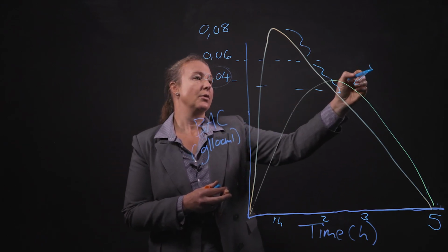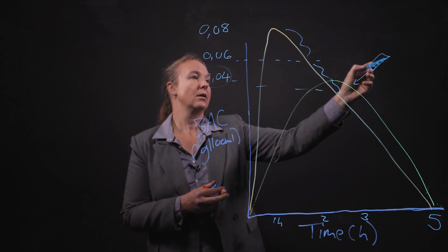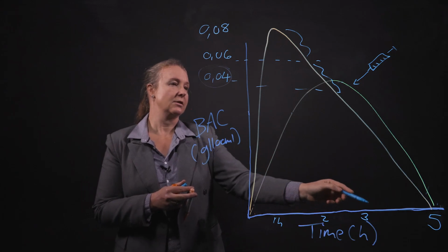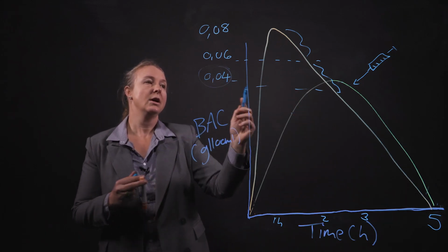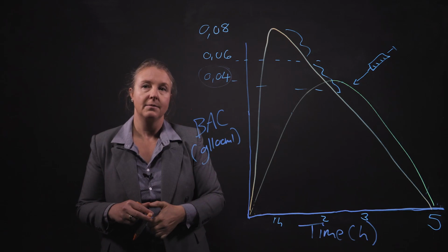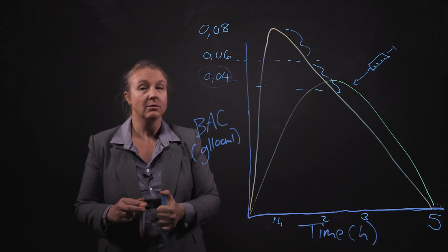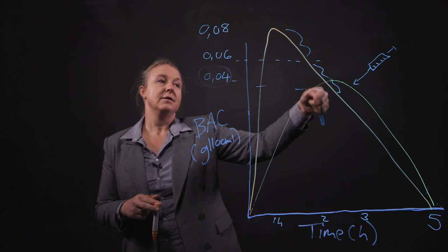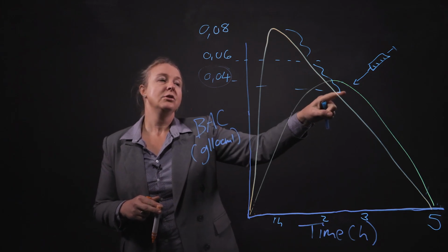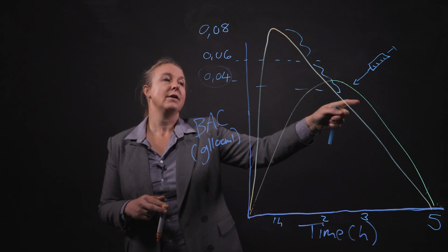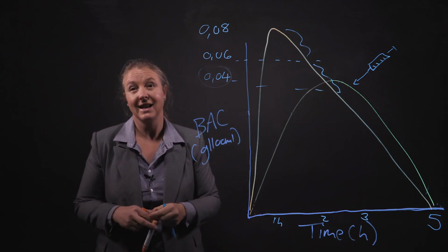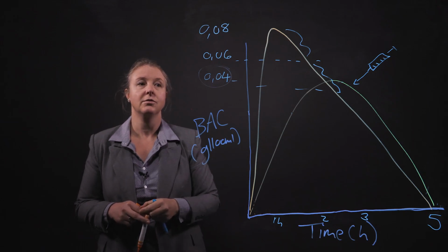At this time point, the blood alcohol concentration will only be 0.04, which is below the legal allowed limit, unless you're a professional driver. But you are presuming that it was probably higher at the time of arrest, and that's where the formulas can assist you in a court of law.